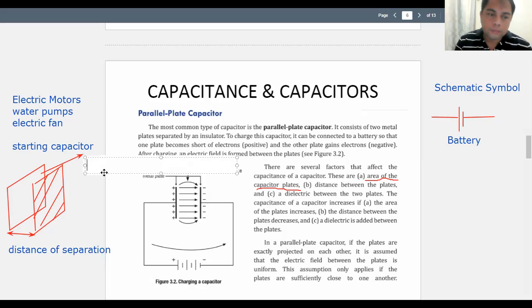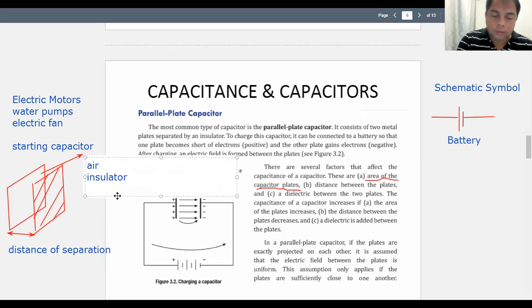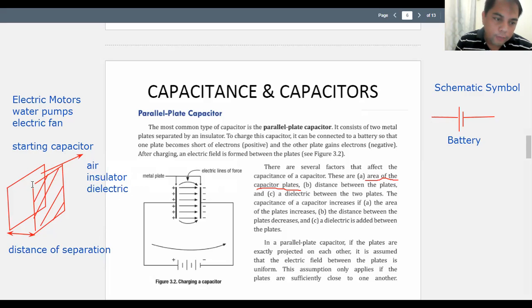Now if you fill this gap with some other kind of insulator, they call it a dielectric, instead of air, so you place something other than air in the space in between, it may also affect the capacitance value.